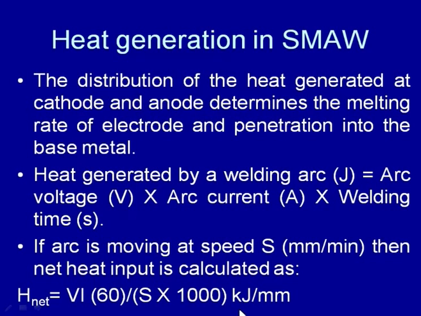This is the typical unit of the net heat supplied during arc welding, calculated using the welding speed in mm per minute, the arc voltage, and the welding current. This equation is used for calculating the net heat supplied when a particular welding parameter setting is used.